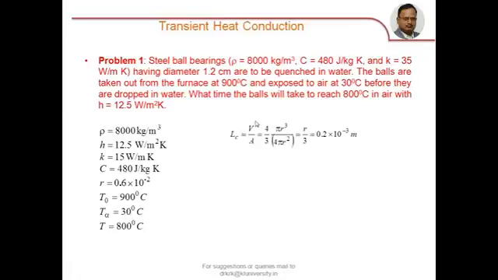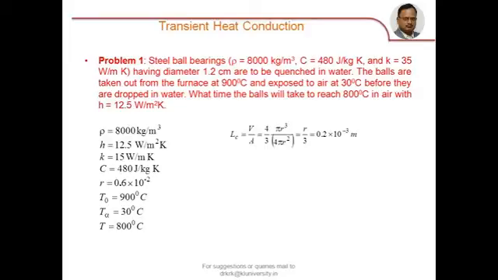Characteristic length of this ball is volume by surface area, R by 3, that is 0.2 into 10 power minus 3 meters. Now whether this will fall in the lumped heat parameter system or not, whether it is a Newtonian body or not, is the internal resistance considerable or negligible?